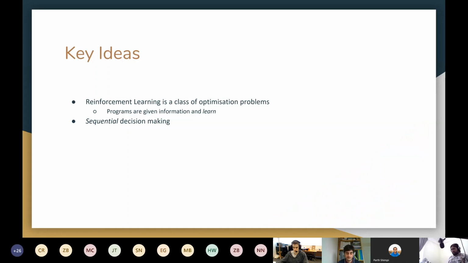So to conclude, the key ideas of reinforcement learning are that it is a class of optimization problem. Rather than instructing the program about what to do, you give it information about what worked and what doesn't, and it learns how to try things and to do things, and from this feedback the good actions get reinforced and the bad actions get negatively reinforced, and over time it learns to be competent.